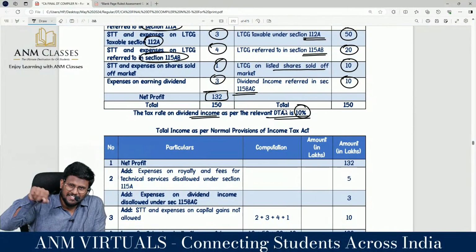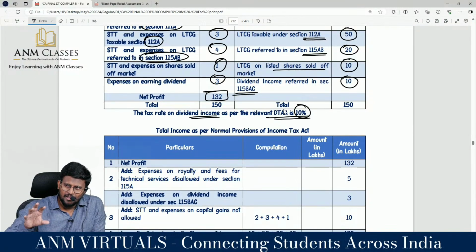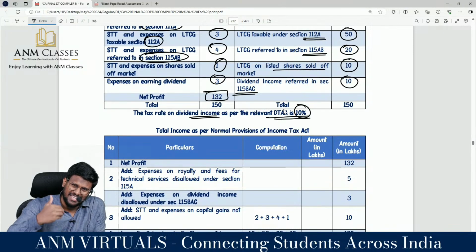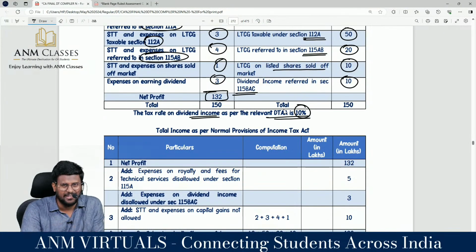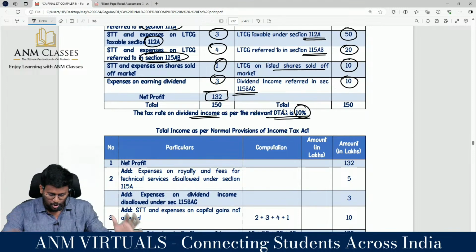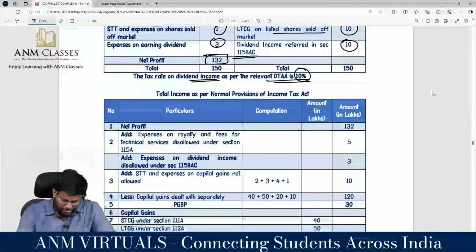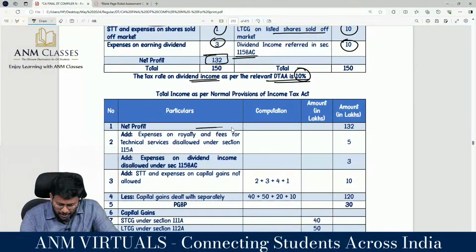But if the GAAR is saying that the agreement or arrangement is an impermissible avoidance arrangement, then DTAA provisions will not be applicable, because GAAR overrides the entire Act, including the DTAA. So I am starting with the net profit as per P&L account, 132 lakhs.